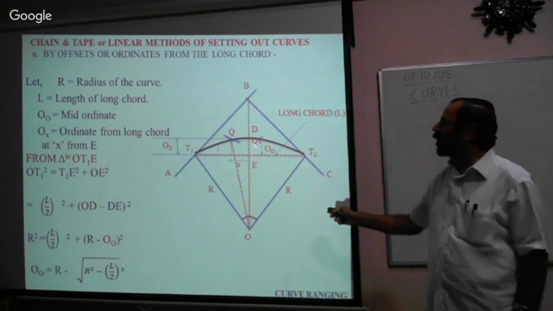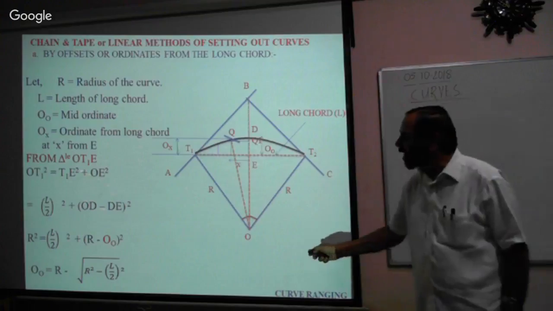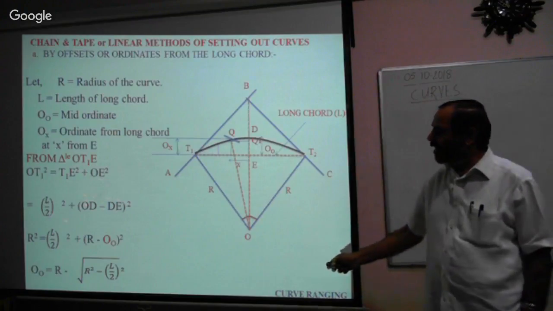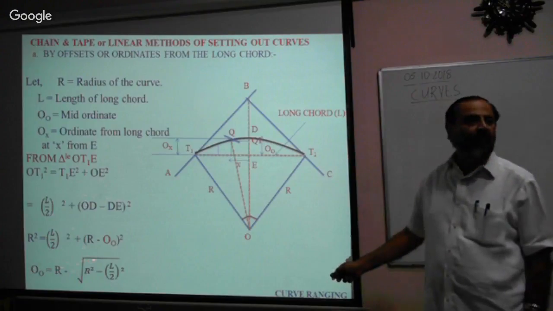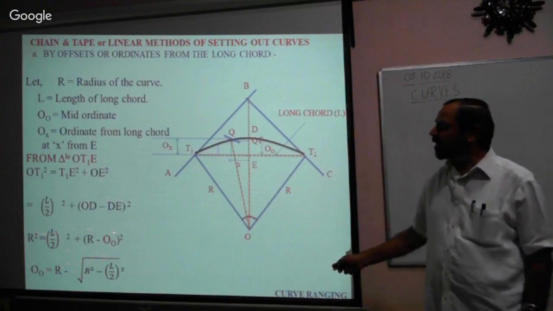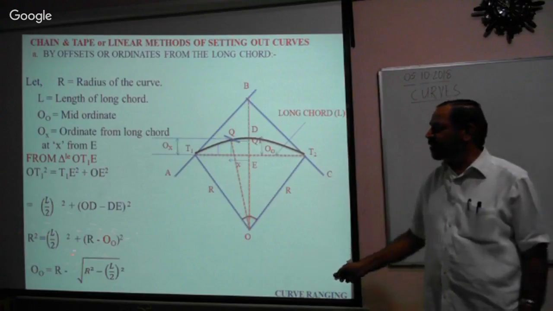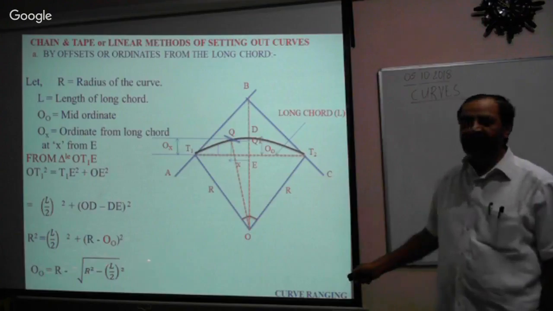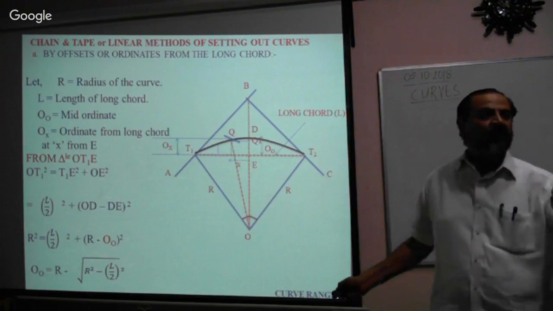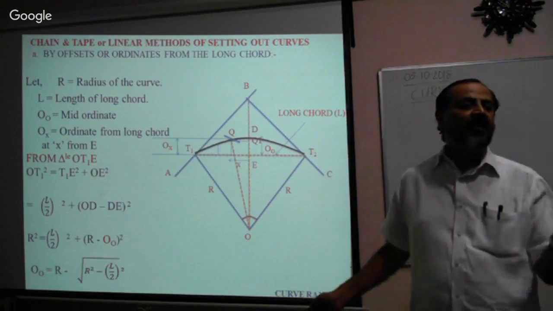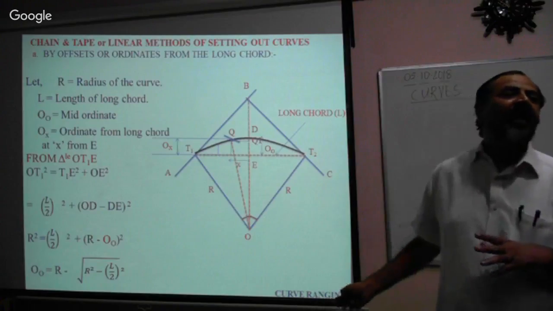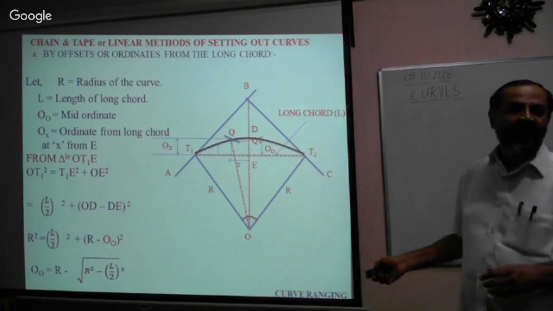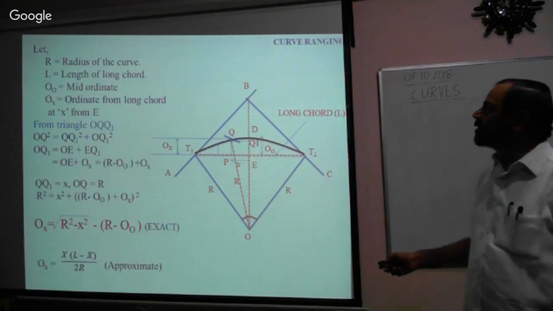Now substitute these values into the Pythagoras theorem and simplify, and we will get OO. Now R is known, L by 2 is known, substitute the values, and then we will get the mid-ordinate.